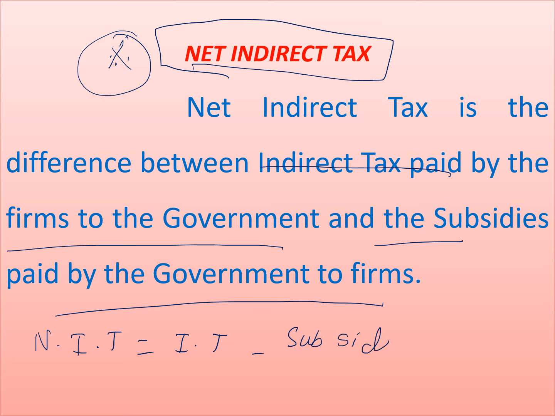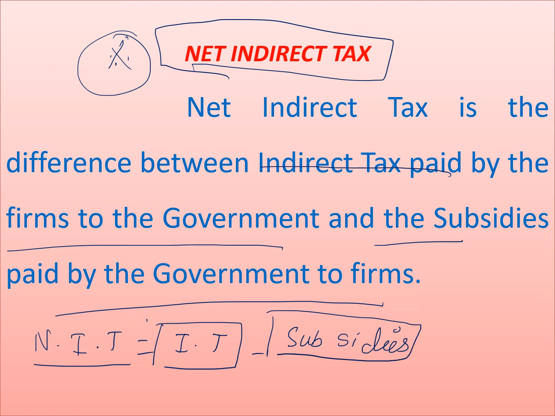This is the formula. Indirect tax means the firm is paying to the government. Subsidies mean the government is paying to the firm. So the difference between indirect tax and subsidies is called net indirect tax. This is also used in our numericals. So net indirect tax equals indirect tax minus subsidies.